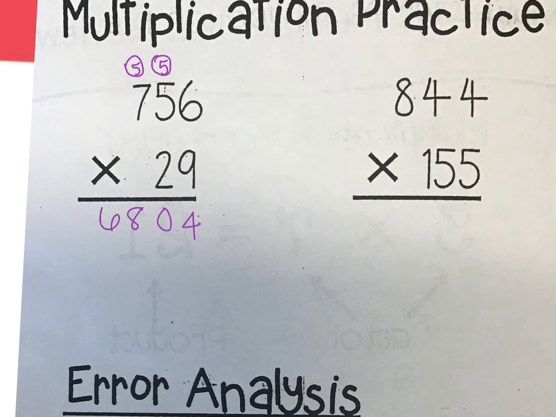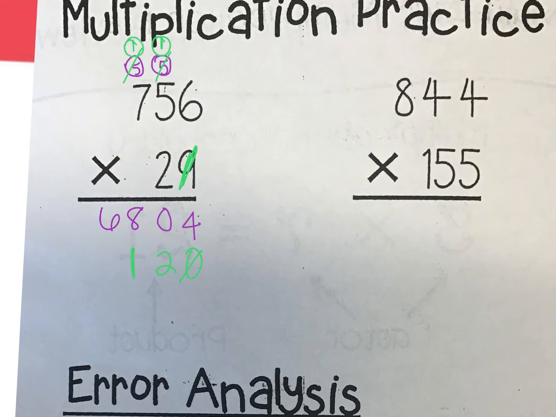68. Okay, now I am done with the 9 and these 5s up here, and I want to remember to put my placeholder down here. Now I can start multiplying the 2 by the top row. So 2 times 6, carry the 1. 2 times 5, plus the 1 that I just carried, 11.